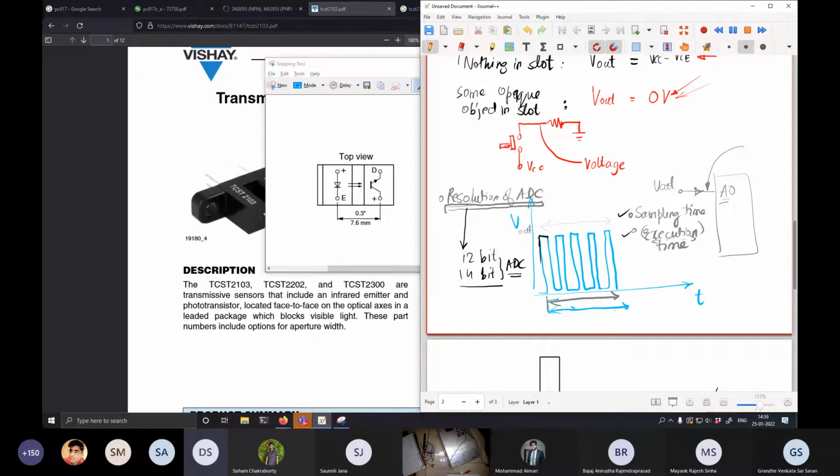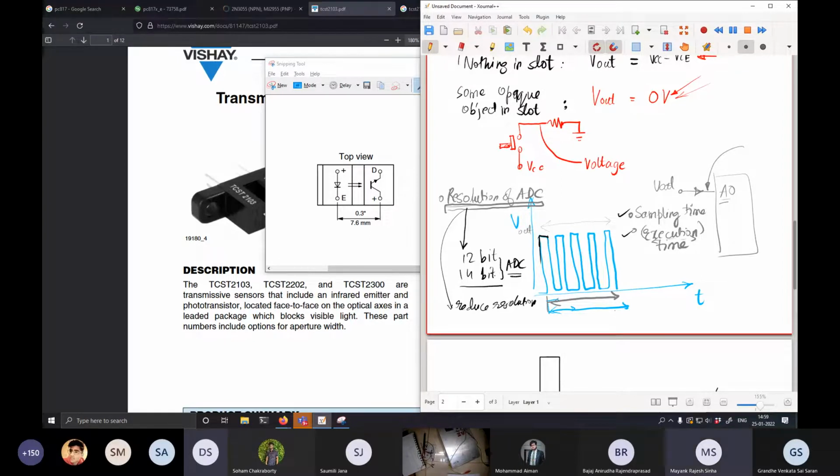But if you were to reduce the resolution, the time required for the analog to digital converter would also reduce, thereby increasing your sampling time.